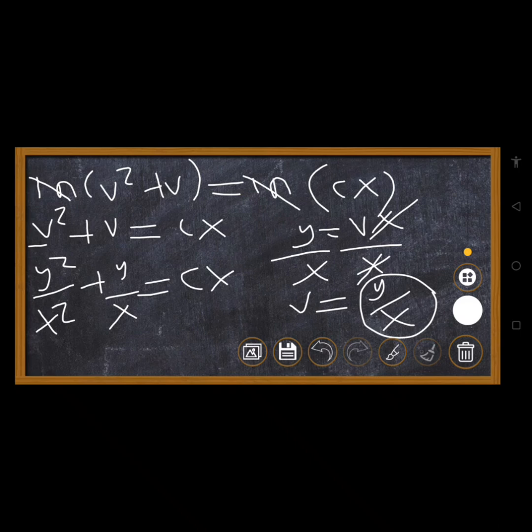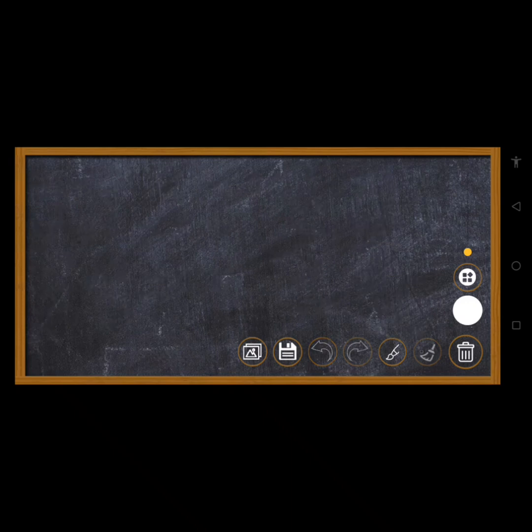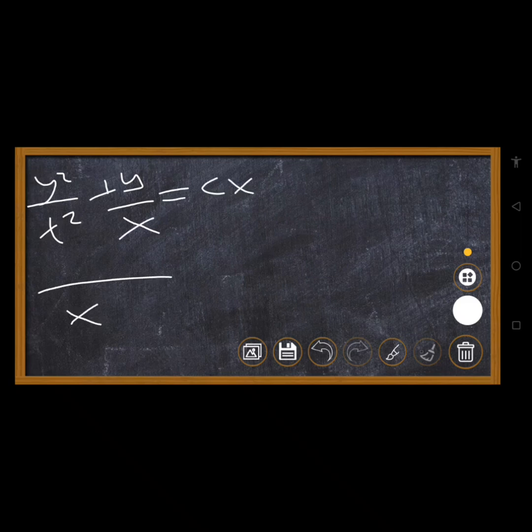Okay, we know that x squared is common here. So if you want, you can say, let's just create space. So you have y squared over x squared plus y over x equals cx. So we can find the common denominator. We know it's x squared. So x squared into x squared is just 1. So we have y squared here. Then x into x squared is just x.